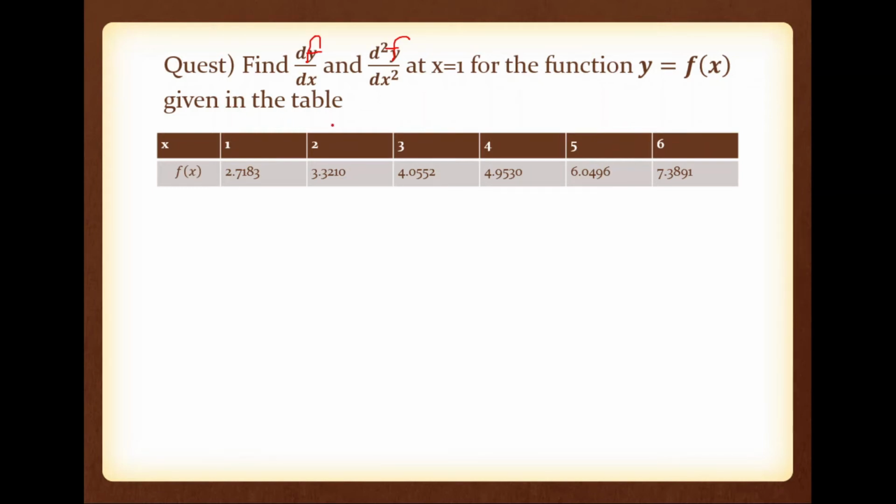The data are: 1, 2.7183; 2, 3.3210; 3, 4.0552; 4, 4.9530; 5, 6.0496; 6, 7.3891. So these are the data.